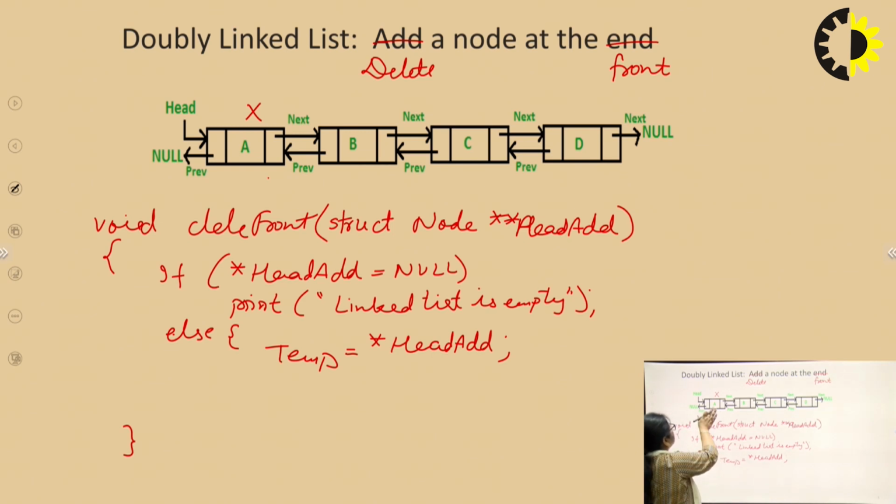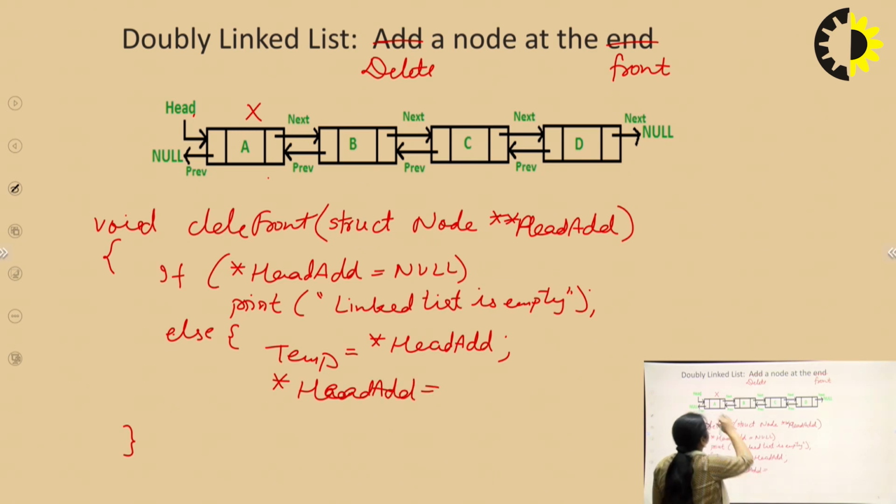Now I have to delete it. It means I have to make head point to the next node in the linked list, the second node. So star head address will point to the second node.